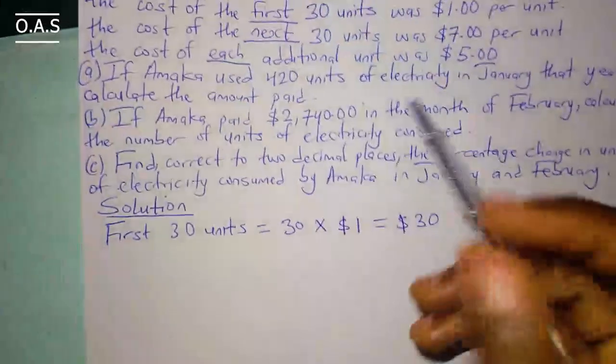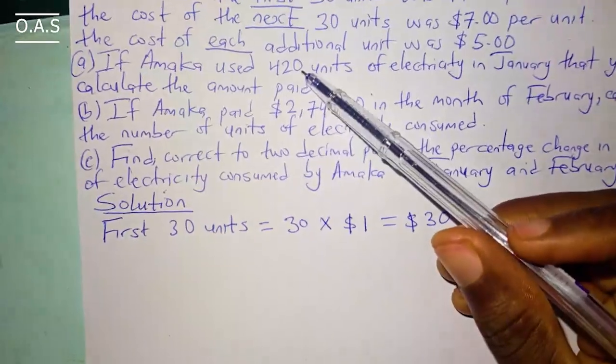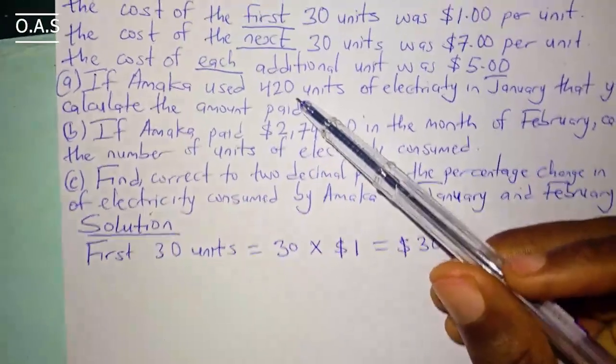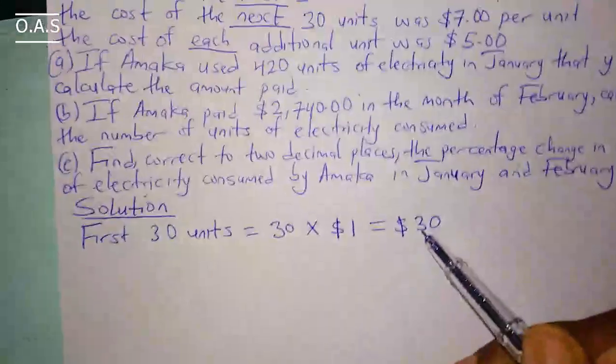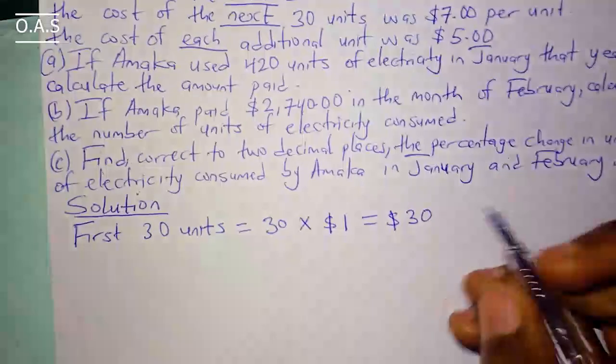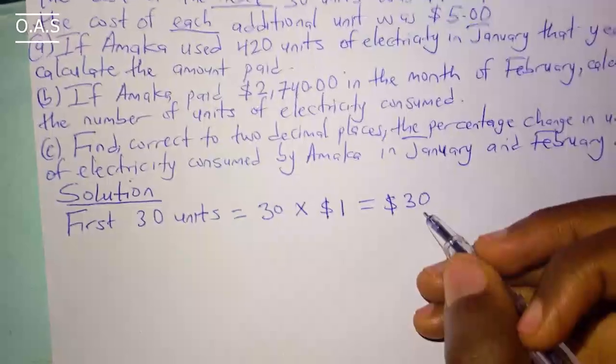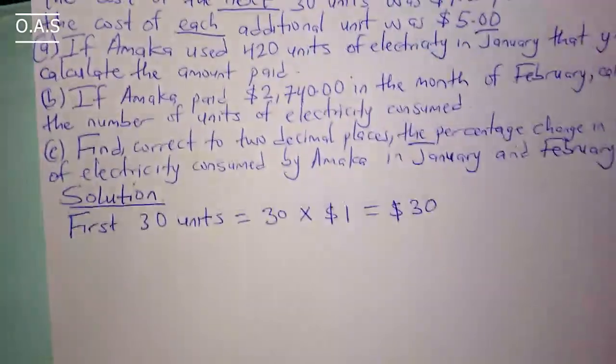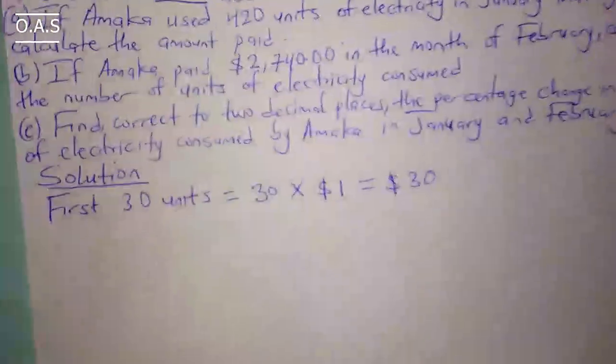So out of the 420 units that she used for the month of January that year, the first 30 will be charged at $1 per unit, and that will amount to $30. Because she used beyond 30 units, we have 420 units for that particular month of January.